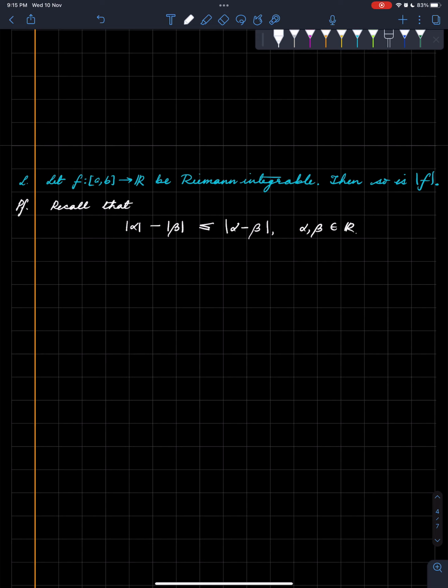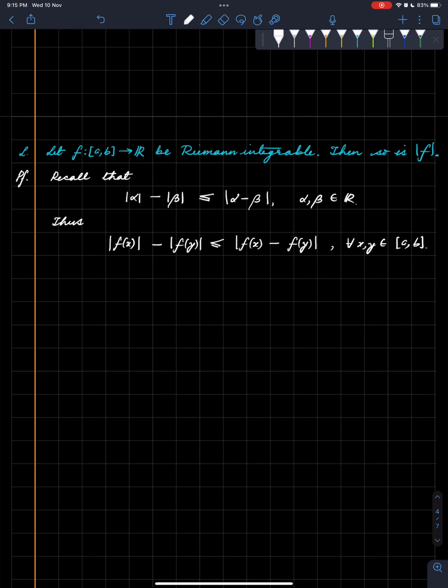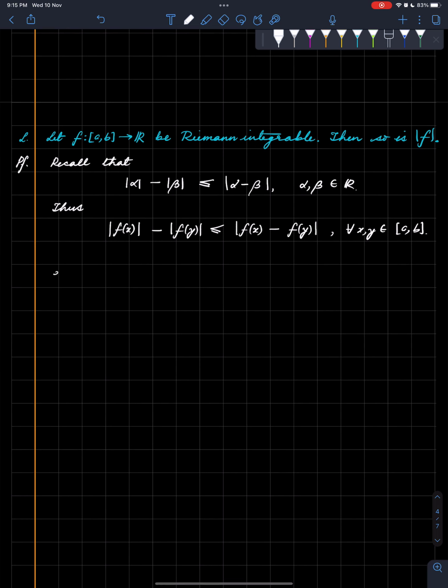Therefore, in particular, we'll have this for all x and y in the domain. Okay, so we have this general thing. So now let sigma be a subdivision.